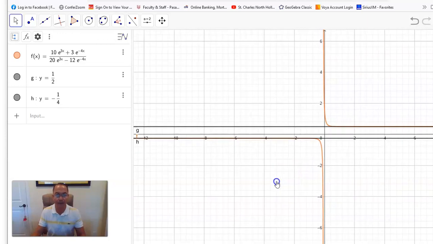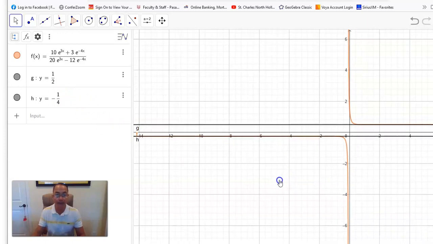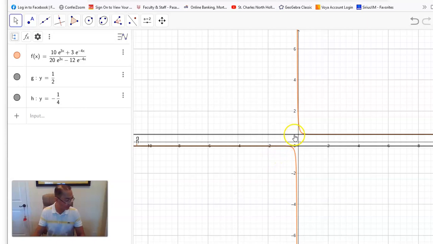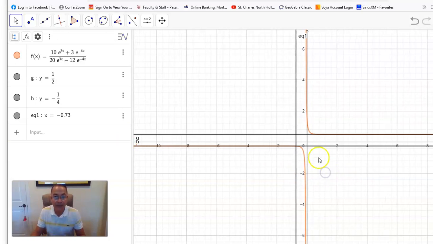That is our horizontal asymptote, minus 1/4, as we move to the left. The correct vertical asymptote is approximately x equals negative 0.073. There it is. That is the true vertical asymptote. As you can see, the function is staying only to one side of that vertical asymptote.